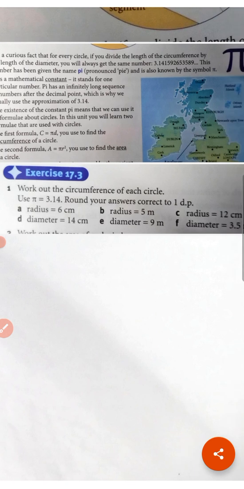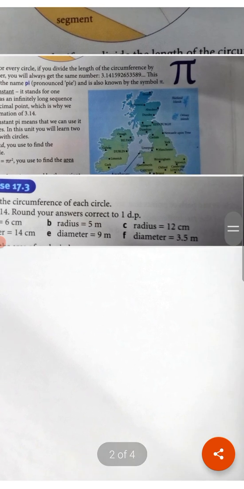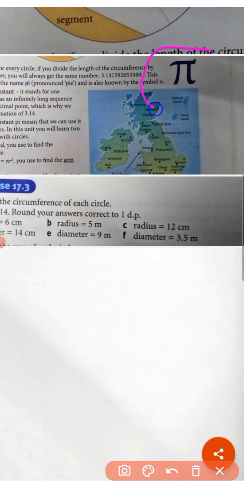The decimal part will continue. This number has been given the name pi, P-I, pi. And this is the symbol of pi.